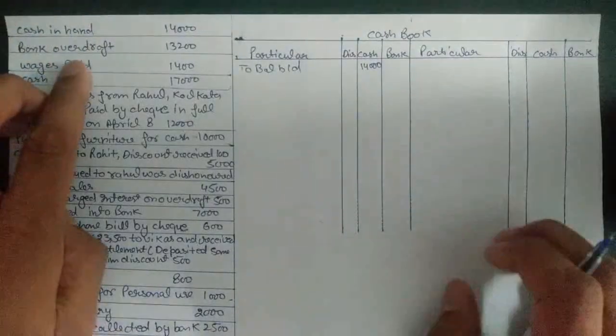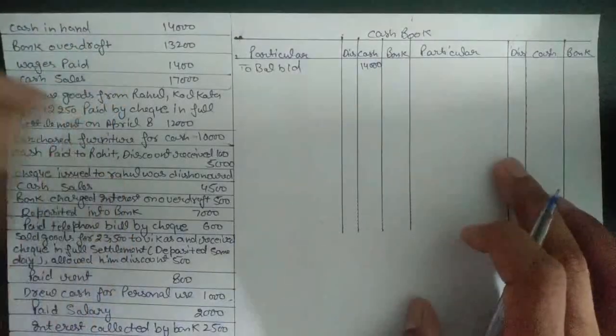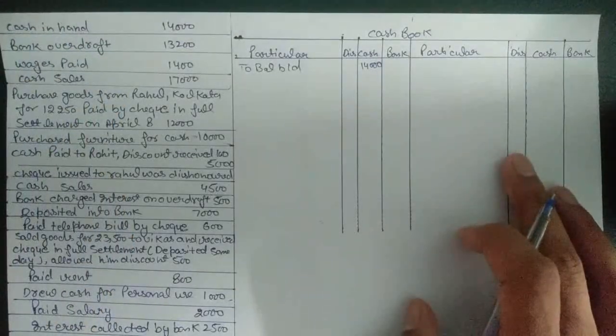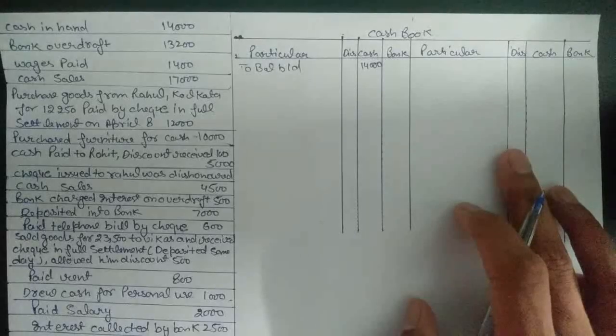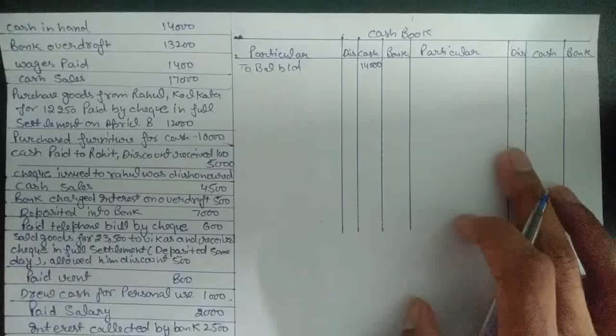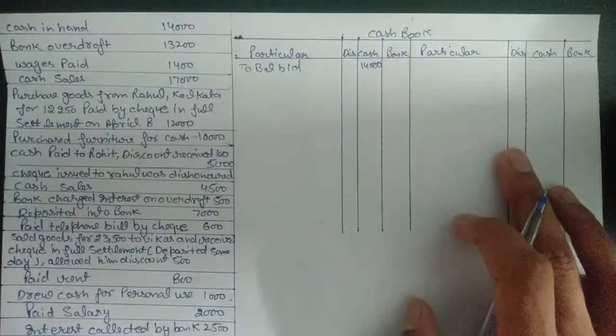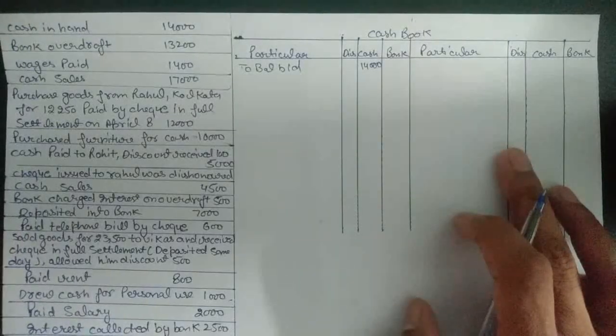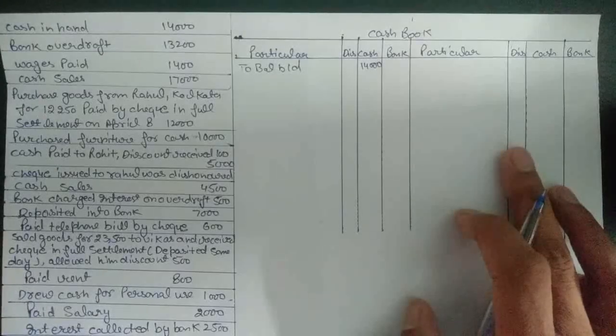Our next entry is bank overdraft. In the last session on Zoom, I told you about bank overdraft. What is bank overdraft? That is the extra amount that we can withdraw from our bank account even when we don't have that amount in our bank account.